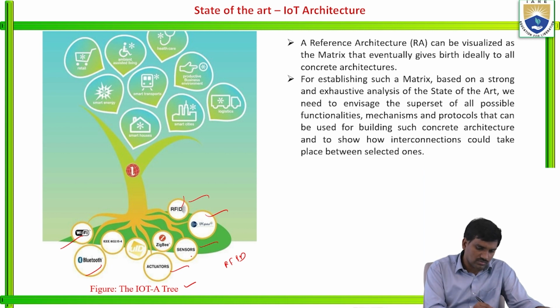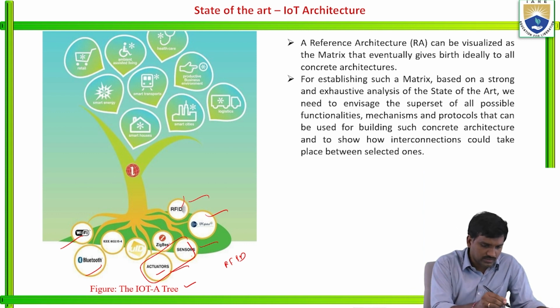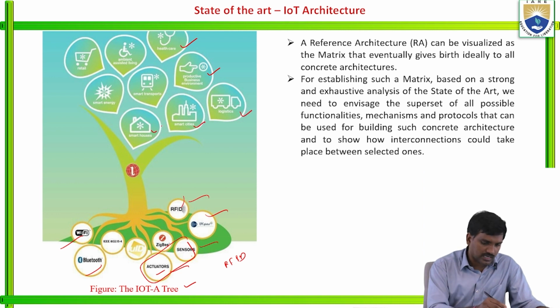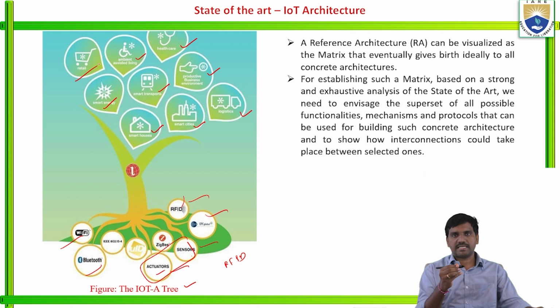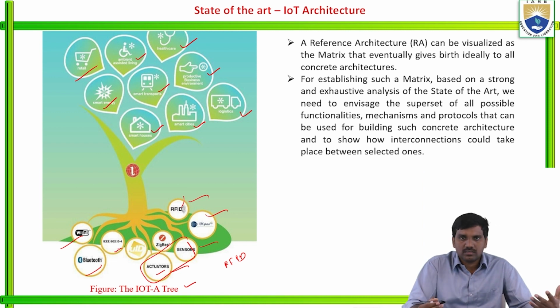Then we have sensors and actuators, in order to gather the data, analyze it, and send the information from source to destination. For this we have different domains like the healthcare domain, productive business environment, logistic domain, smart cities, smart houses, smart transport, ambient assisted living, smart energy, and the retail system. So these are the different application domains of the IoT architecture reference model, with communication protocols and IoT devices like actuators and sensors.